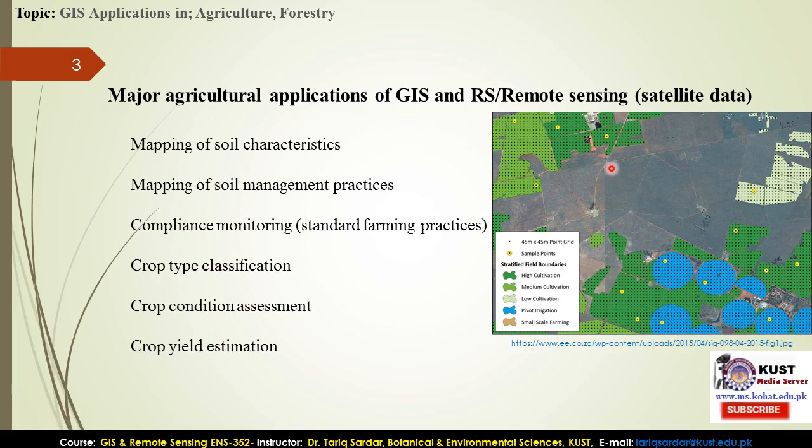So if we go for standard based compliance monitoring practices, standard farm practices, we will know about the classification of the crops of that area, what is yielding, and what has a better yield for that kind of crop. So crop condition assessment can also be assessed on that basis.